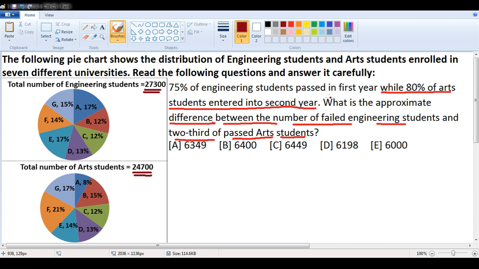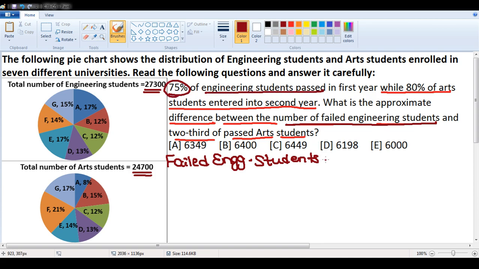Now, first of all, how many students failed in engineering? Out of total 100%, 75% of engineering students passed, the remaining 25 percent failed. 25 percent of which value? Engineering totally has 27,300 students. Remove the percentage, remove these two zeros.